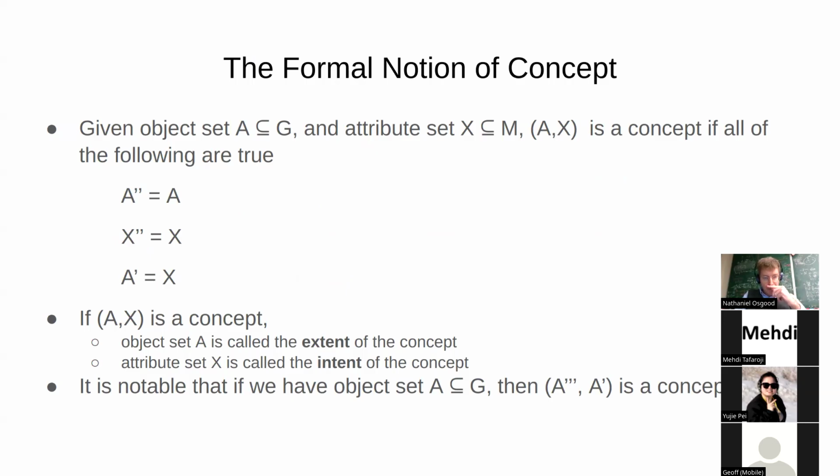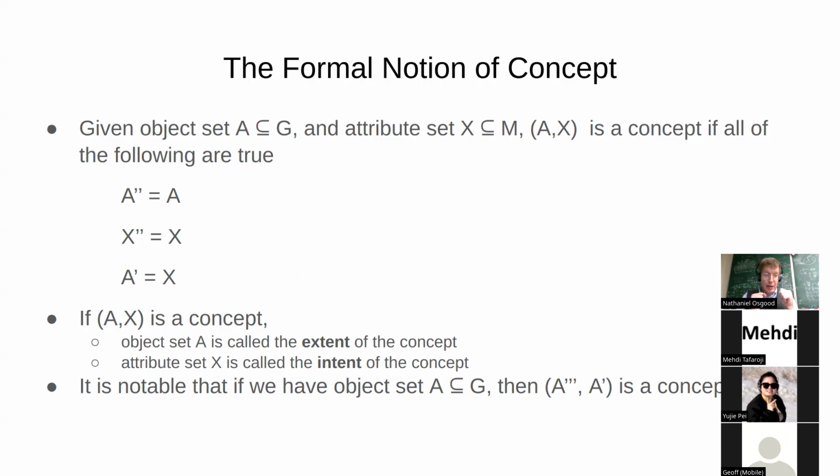Now there's a notion of certain pairs of object sets and attribute sets that are special, that are consistent, that are distinguished. They're called a concept, and they have very specific properties to make them a concept.